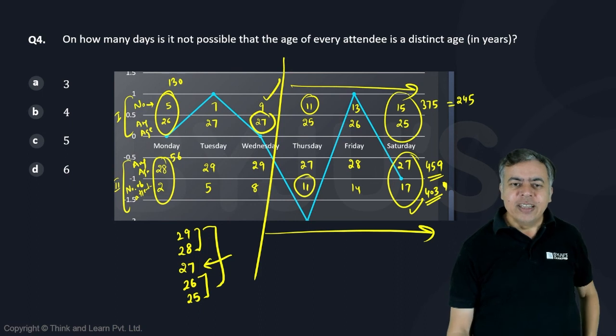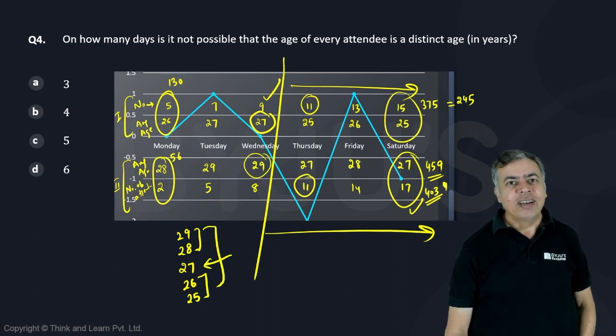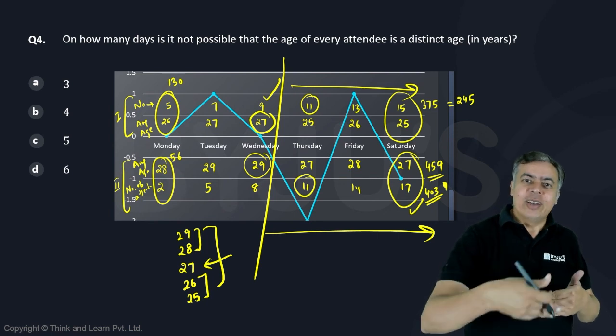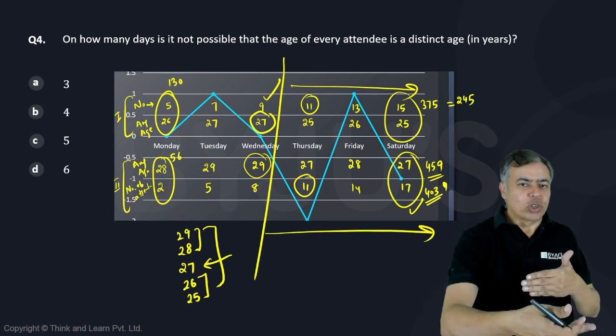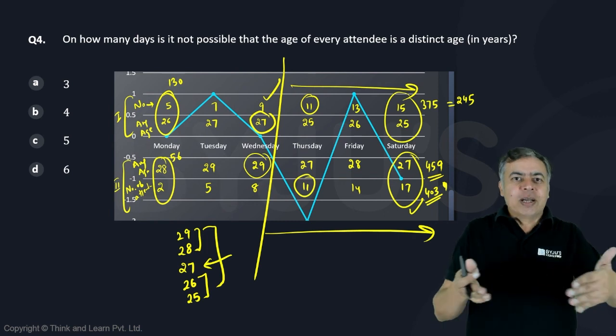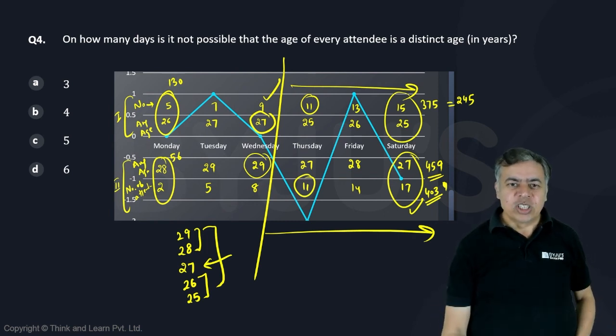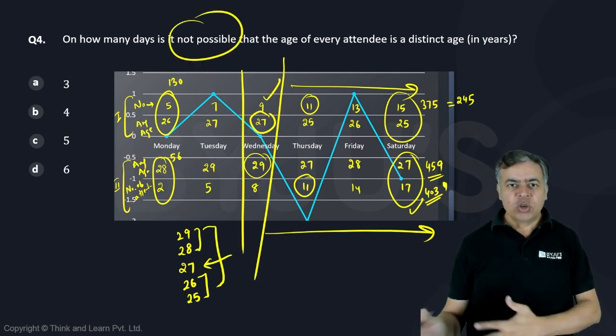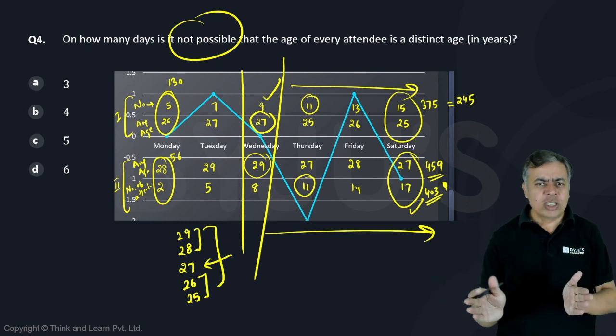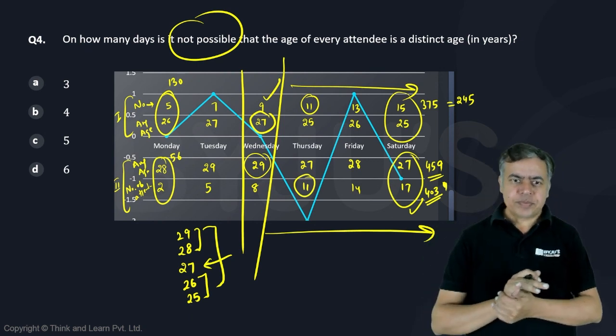With 29, this is a huge problem, because nobody can have an age more than 29. So everybody must have 29 only to get this average. So this is also not possible, because it is not possible to have distinct ages. So Wednesday also it is not possible, you take any case.